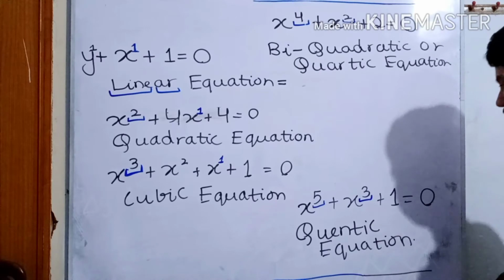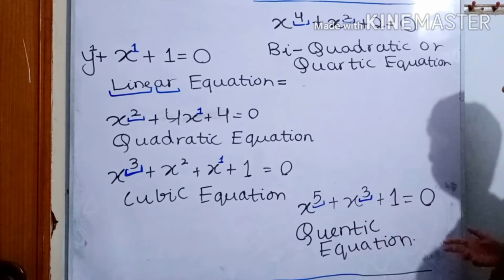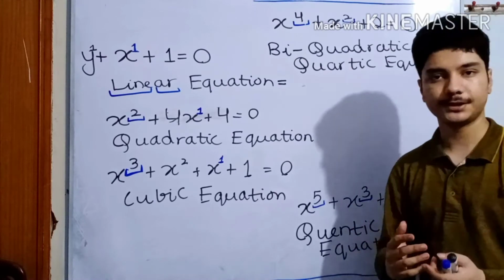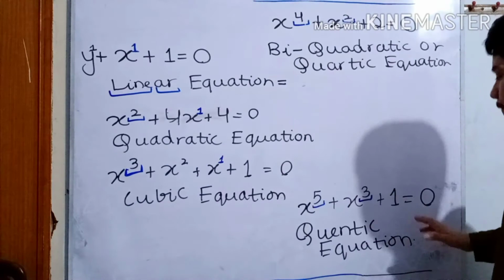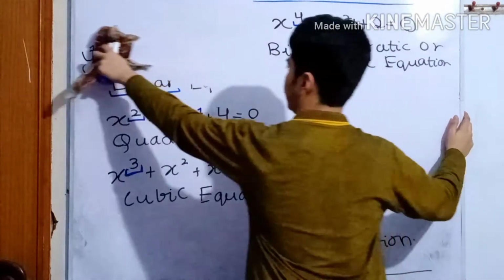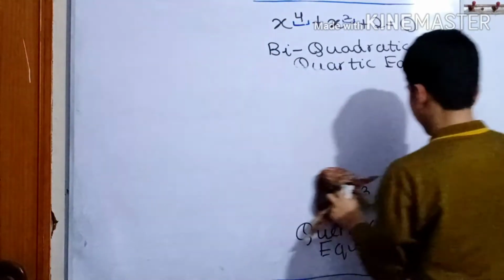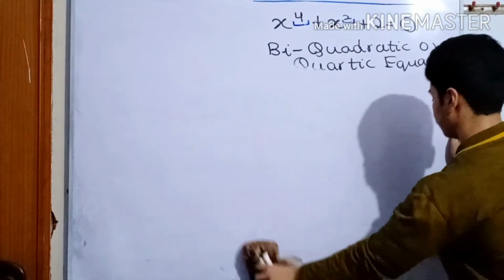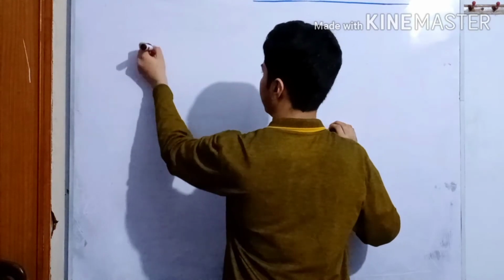Alright, the second topic. We have discussed two topics: the difference between an expression and an equation, and the 5 types of equation based on powers. And number 3 is why these variables.